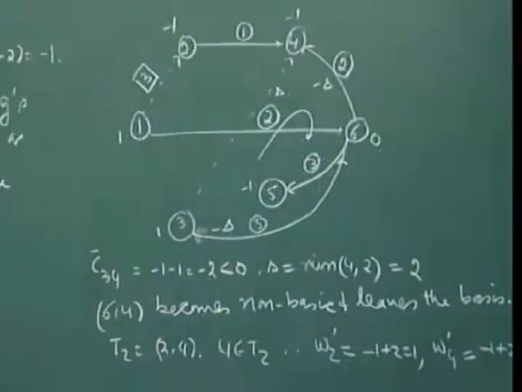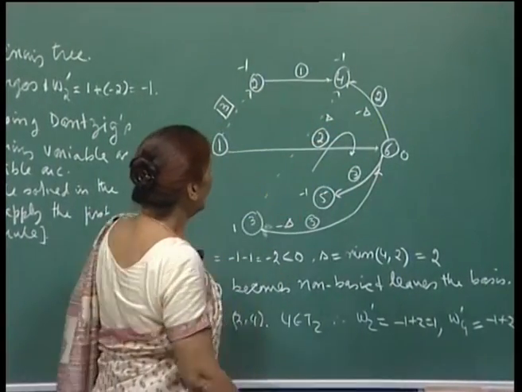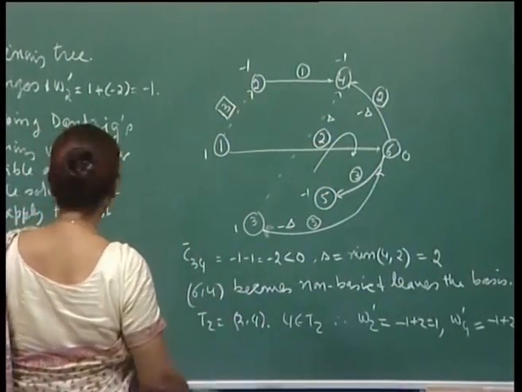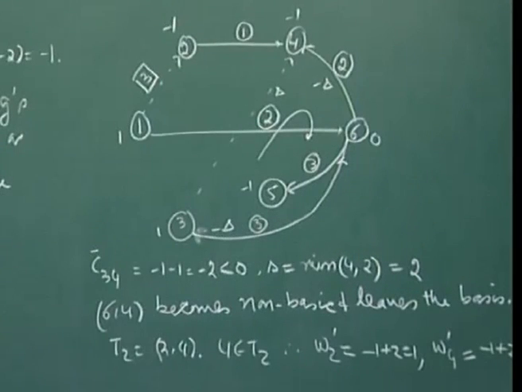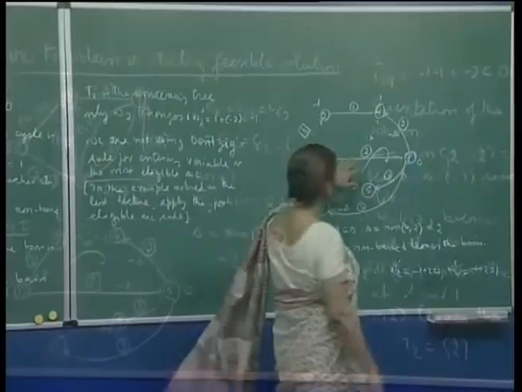I have shown the new flow here. The new basic feasible solution: this is non basic, and this is the current flow. Originally the flow was 3 on these 2 arcs, and I have probably updated the flow here also, but in any case this is the current basic feasible solution.